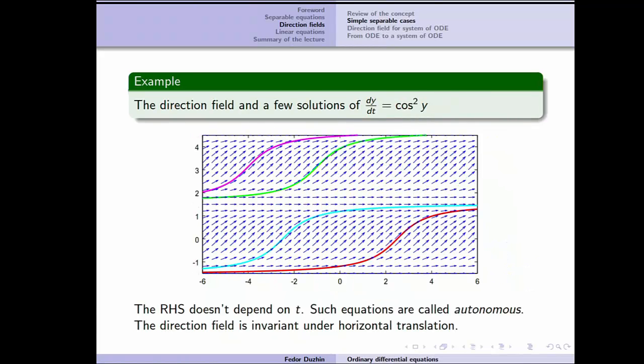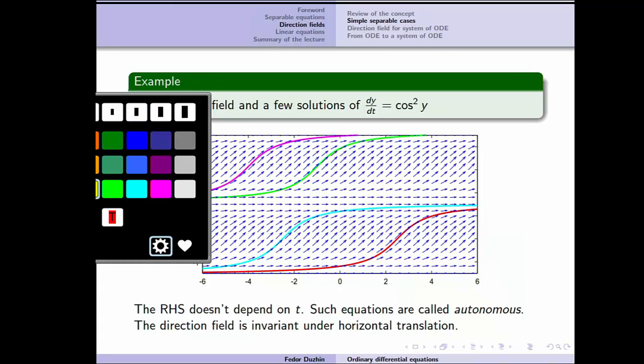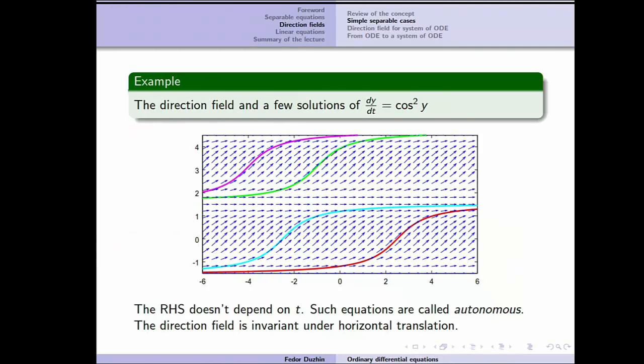And of course, in the same way, if the right-hand side of our differential equation does not have a t, then instead along every horizontal line, for example here, if you look at this line, y equals 1.5, all the arrows are equal to each other, or along the line y equals 4, all the arrows are equal to each other, and so on.